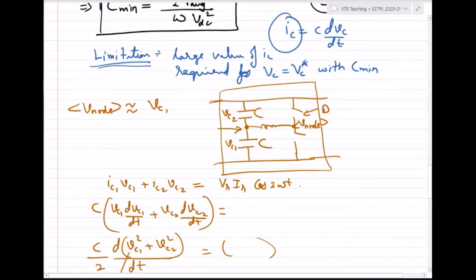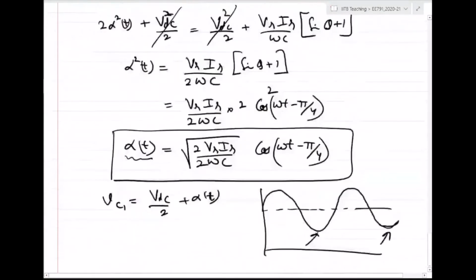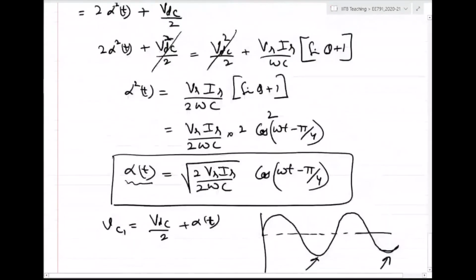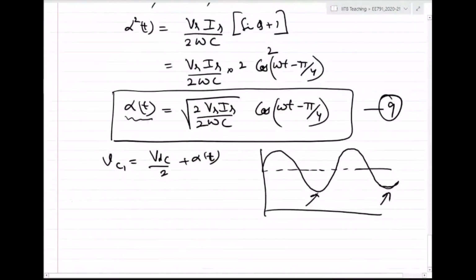Yeah, the limitation is that in the figure you see there are 2 capacitors, so you need more capacitance. In fact, you don't need just 2 times the capacitance, you need 4 times the capacitance. How? Utilizing equation number 9, what is the max value of alpha of t?